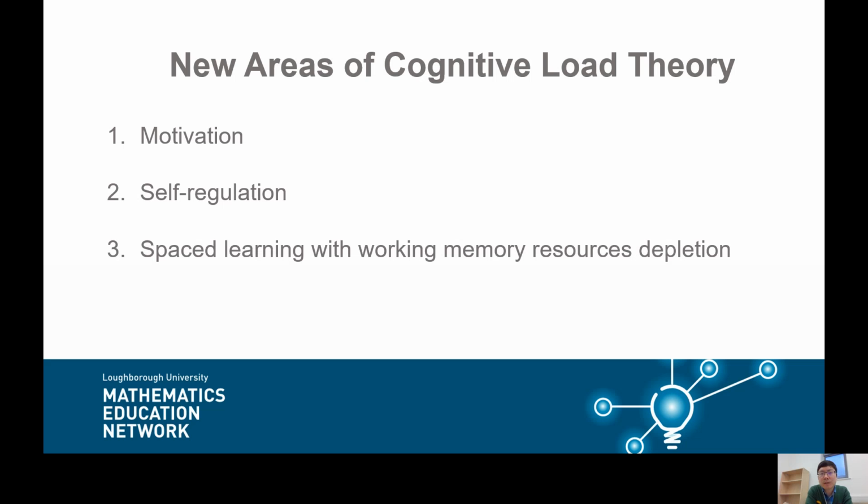So the new areas in cognitive load theory: firstly, how could we connect motivation to cognitive load? How could self-regulation be connected to cognitive load? And lastly, in CLT, we have suggested a new cognitive load effect called the working memory resources depletion effect.